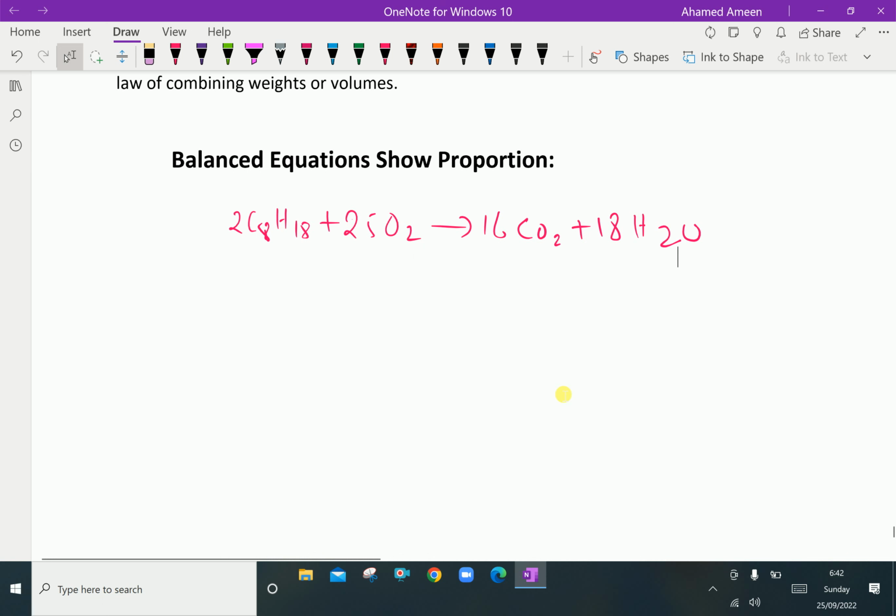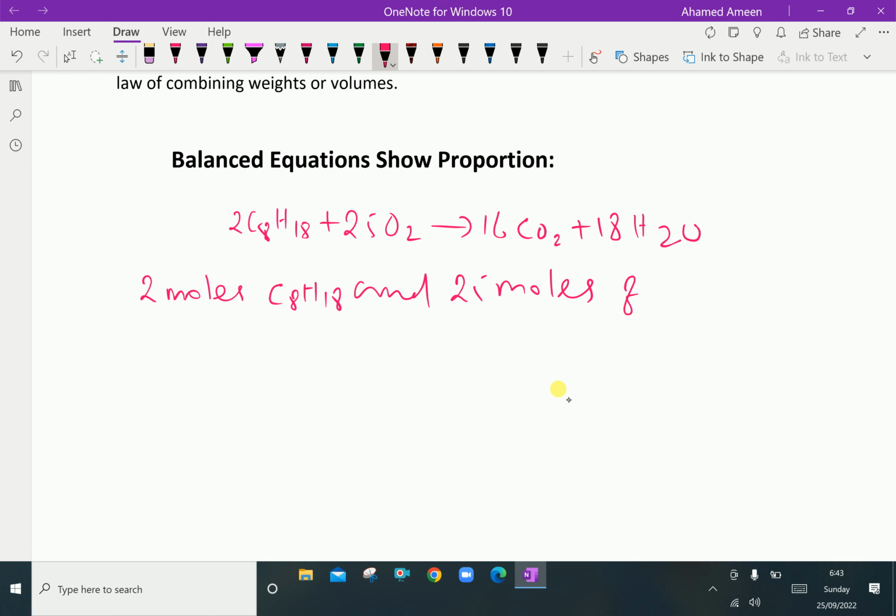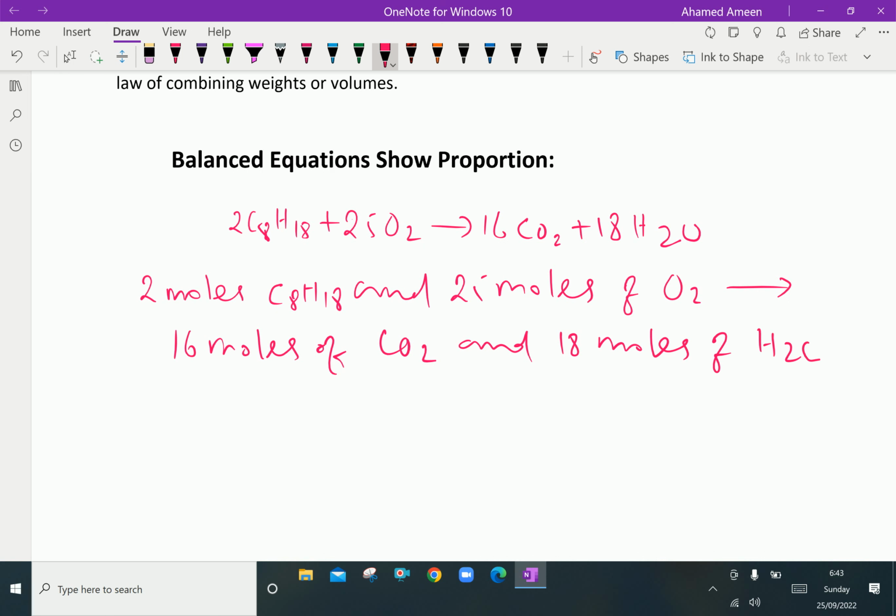That means we can understand this as 2 moles of C8H18 and 25 moles of oxygen give 16 moles of carbon dioxide and 18 moles of water we produce.